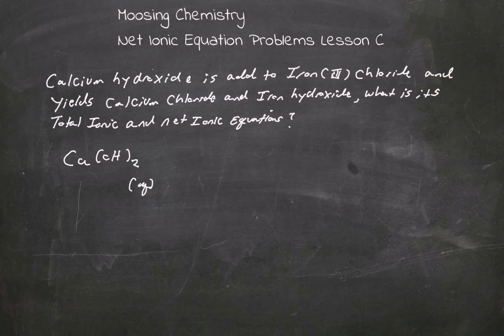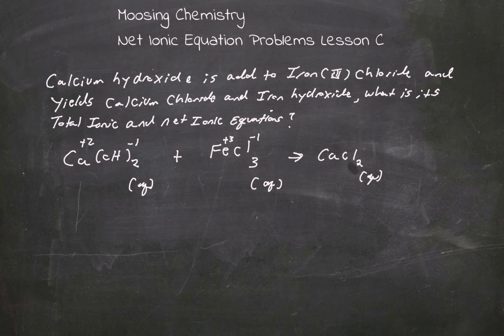So how did I know that was a minus 2? That's minus 1, plus 2, okay. Plus FeCl. And this is iron 3, so that's a plus 3, so that's a minus 1. So that would have to be a 3. And that is also aqueous. Yields calcium chloride, CaCl2, which is also aqueous.